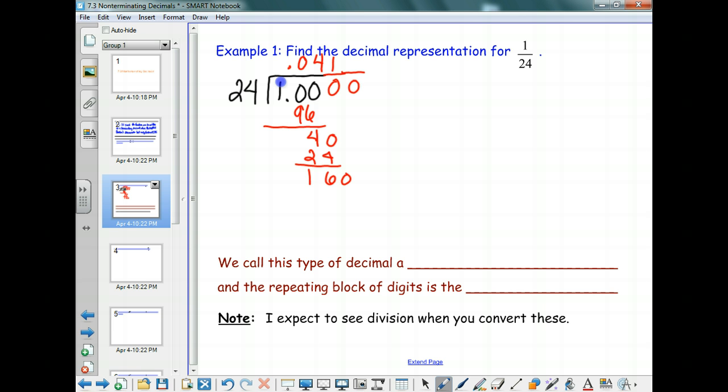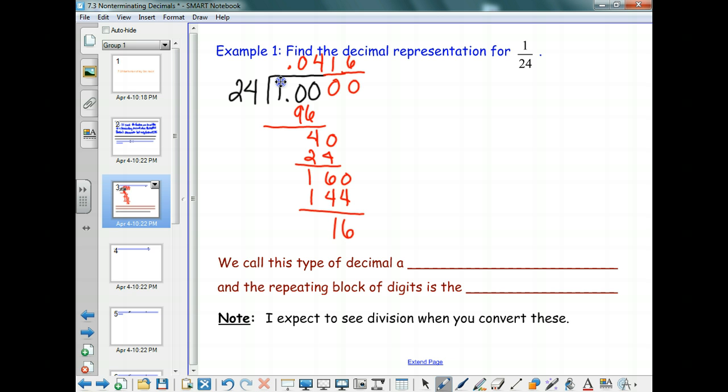Okay, so how many times will 24 go into 160? How many? 6. What is 6 times 24? 144. And then, what do I get when I subtract? 16.